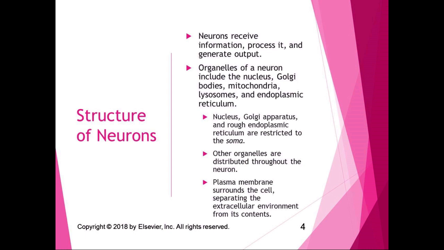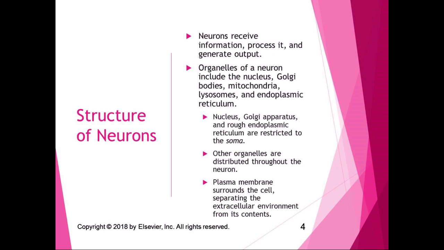They're specialized to receive, process, and transmit information. Just like every other cell in the body, they have organelles. They have the nucleus and Golgi bodies and mitochondria, lysosomes, and endoplasmic reticulum. So they have all the same cellular structures, but they have some specialized structure that we'll talk about.